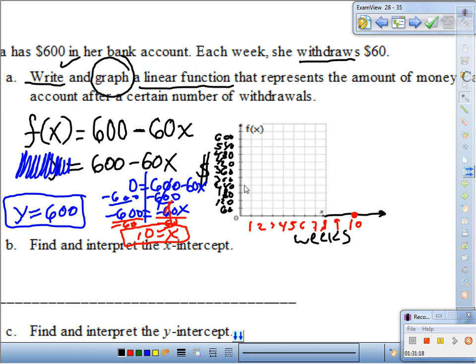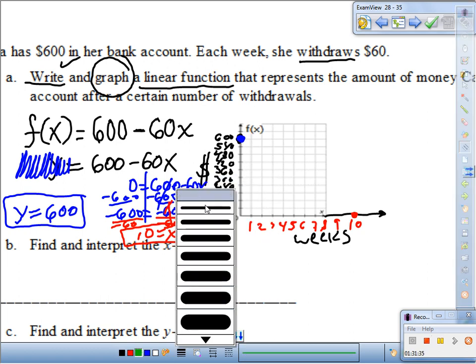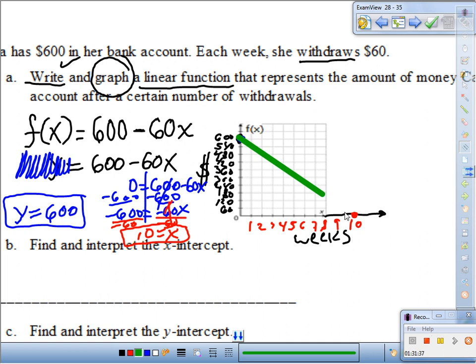So right there, let's plot our point there. So this is our y-intercept. This is our x-intercept. And you graph your line. There it is.